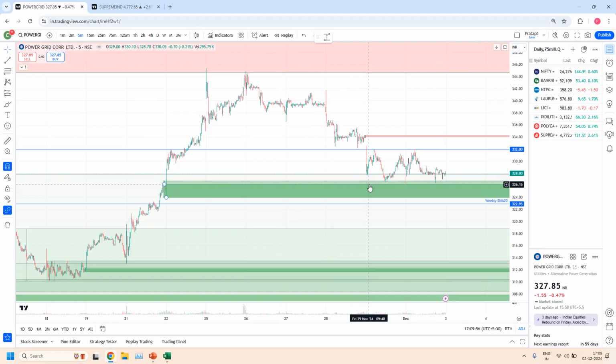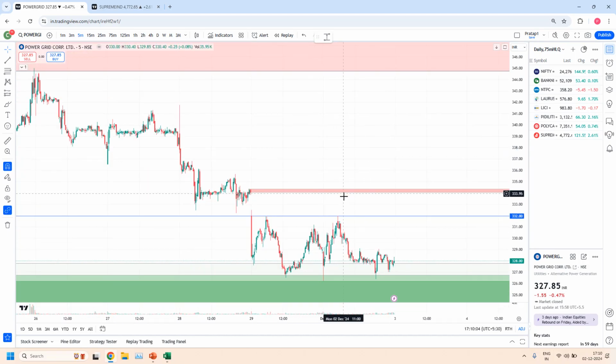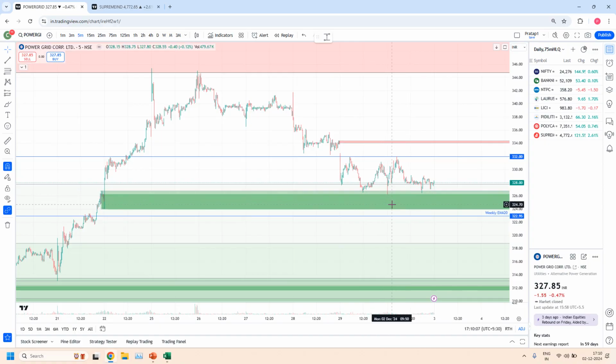You already learned the concept of position sizing. If you had done the position sizing, you would have limited the risk to 2% or below 2%. Let us assume you can accept only 1.5%.